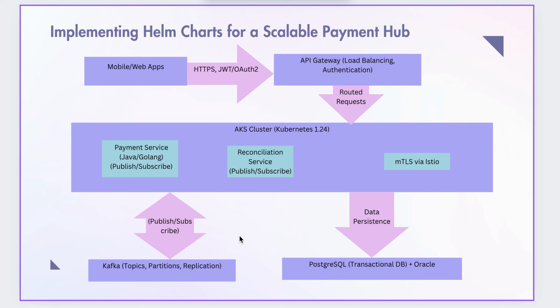The core of the system runs on Azure Kubernetes Service with Kubernetes 1.24, hosting Java and Golang microservices like the payment service and reconciliation service. Microservices are deployed using Helm charts with auto-scaling node pools to handle traffic spikes up to 10,000 TPS.